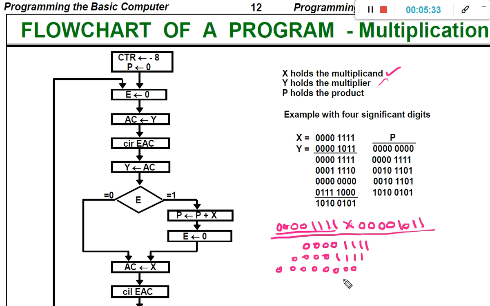Once again there is 1, and we get 1 1 1 1 0 0 0 0. This is how we perform the multiplication by paper and pencil, isn't it?